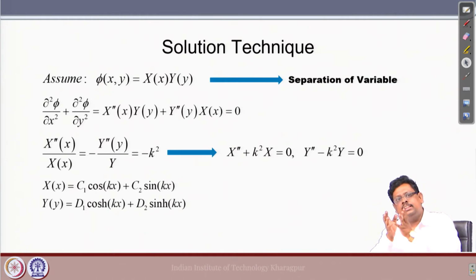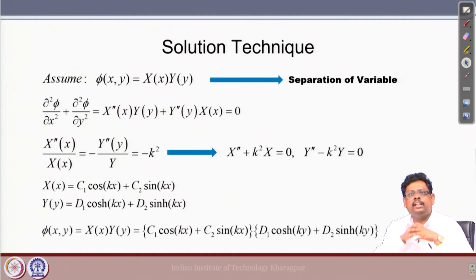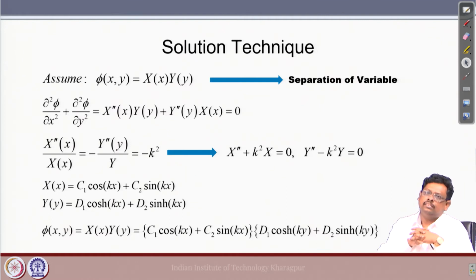That is why I say that taking k this way is based on the fact that I need the sinusoidal solution in the direction of x and the other solution in the direction of y, because the wave is not created in the direction of y, it is only propagating in the horizontal direction, right. And then you know that your solution is very simple, phi(x, y) equal to X(x) into Y(y). So, now you substitute everything in this equation, and this is basically your solution.